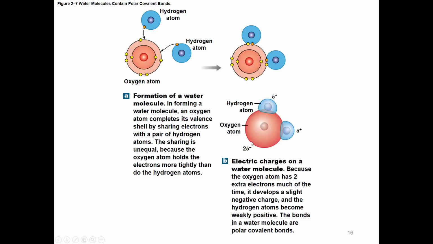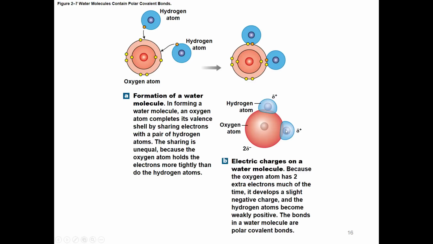Because the oxygen will spend more time with the pair of electrons, and remember electrons are negative, this is going to make oxygen slightly negative. We can represent that by this little symbol that looks like a broken 8, and that means slight negative charge. Because it's spending time with two electrons, it's going to have a slight negative charge because those electrons are hanging around that oxygen so much.